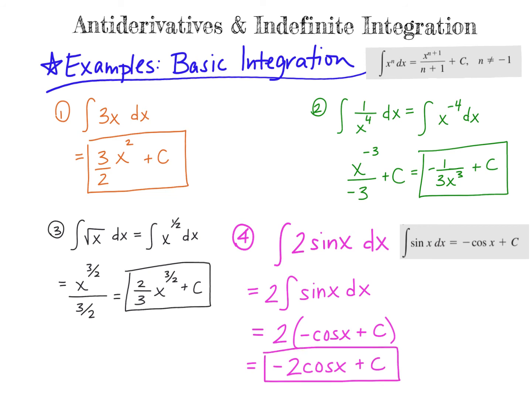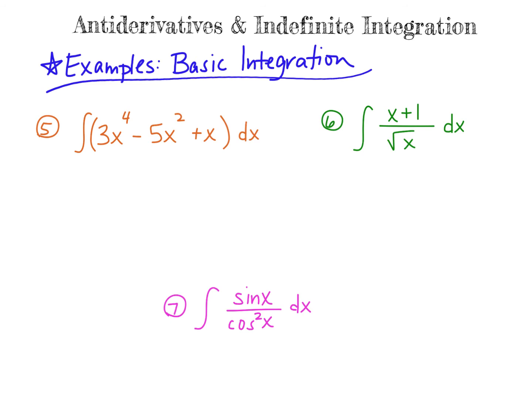Let's check our work real quick by taking the derivative just mentally of this. We should get 2 sine of x. If we do that, the derivative of negative 2 cosine x is positive 2 sine of x. Because the derivative of cosine is negative sine, the derivative of negative cosine is positive sine. And of course, the 2 out front doesn't really do too much. The derivative of this constant c is, of course, 0.